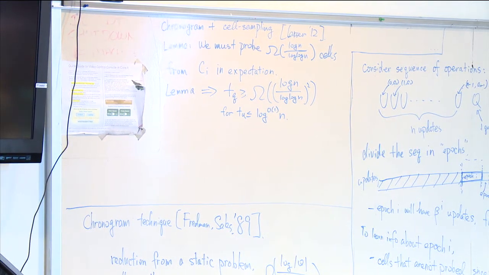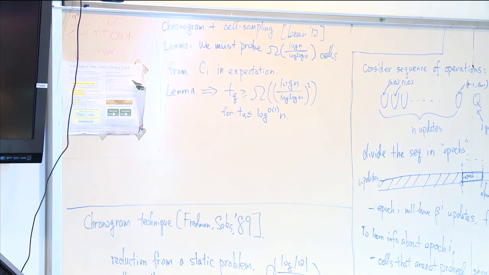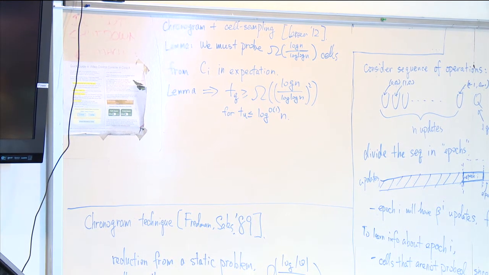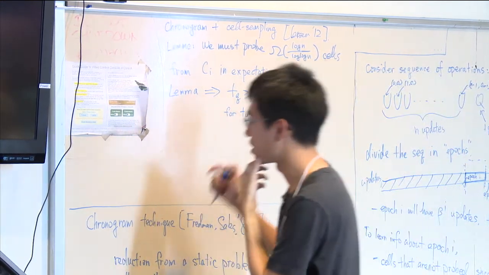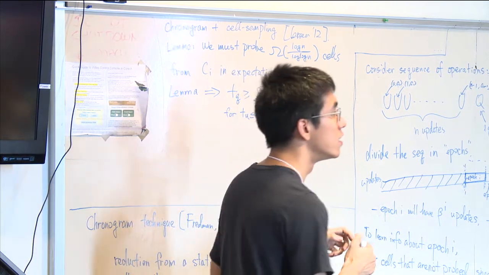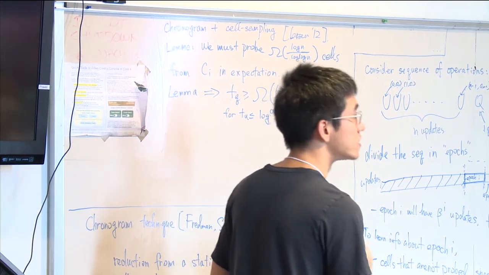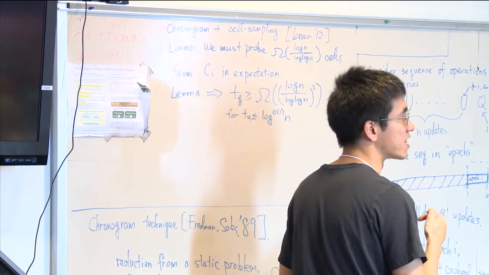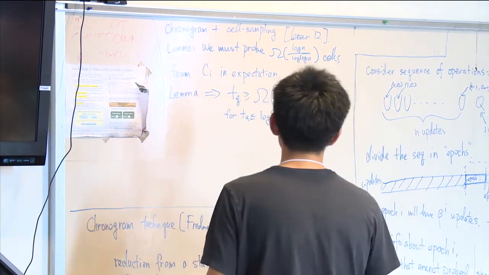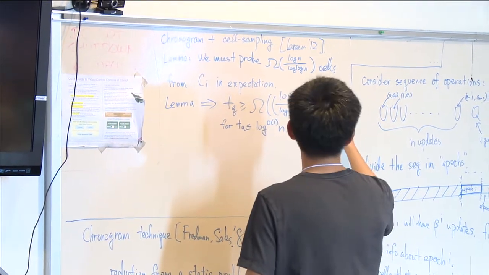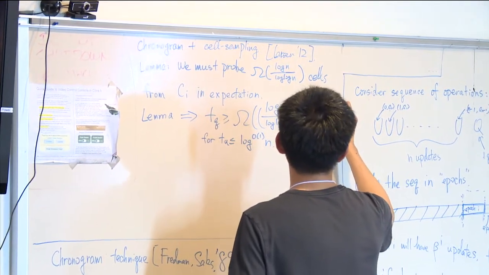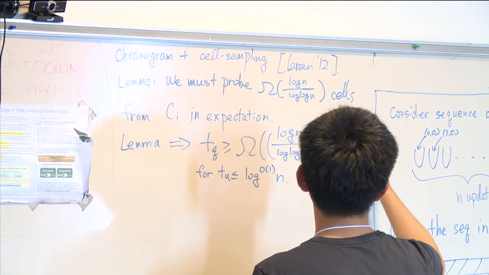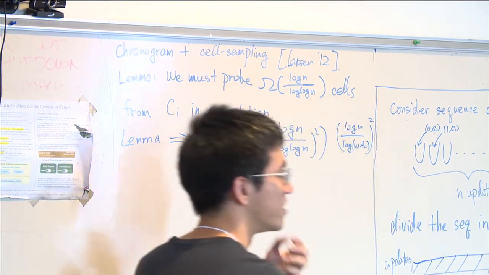The word size here is still O of log n. The more specific lower bound should be something like log n over log W times TU squared in general.